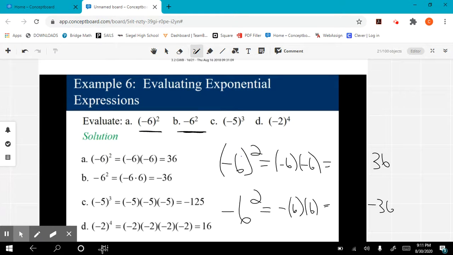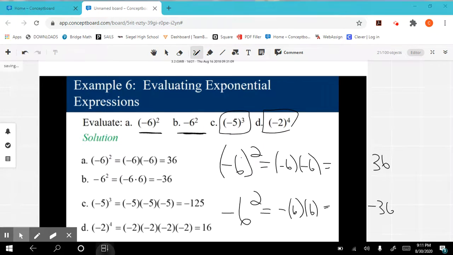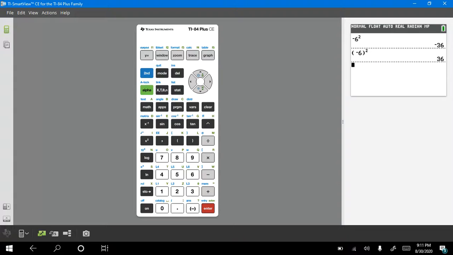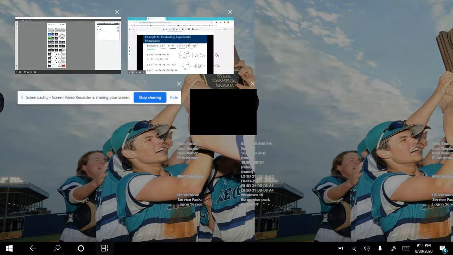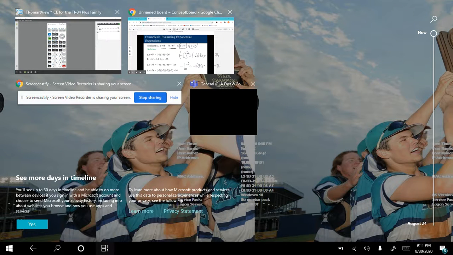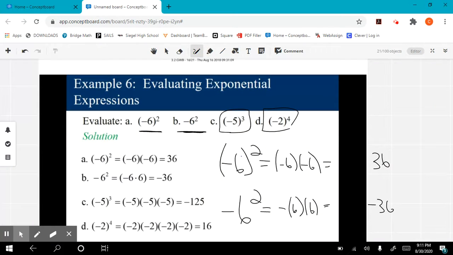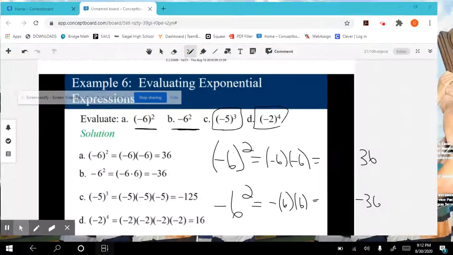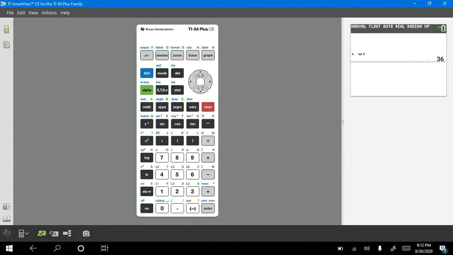Now, these right here, -5 cubed and -4 to the 4th power. Let's talk about on the calculator how we put those in. And what were they? -5 to the 3rd and -2 to the 4th. So if I want to put this in the calculator, I'm going to put -5 to the... forgot my negative. -5 to the 3rd.